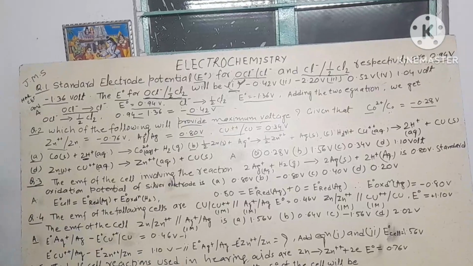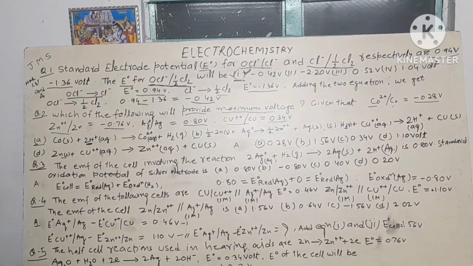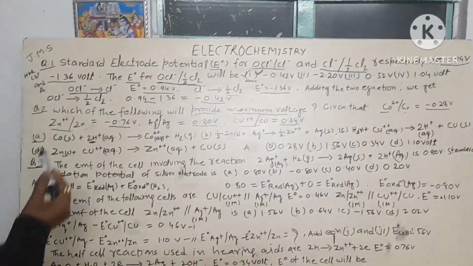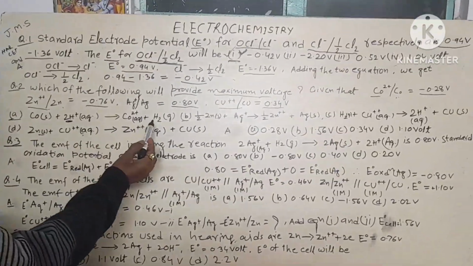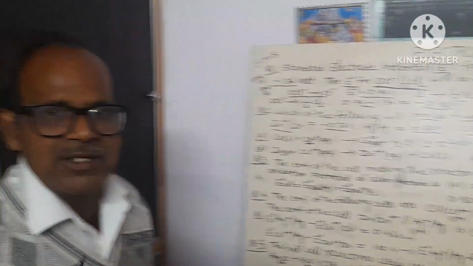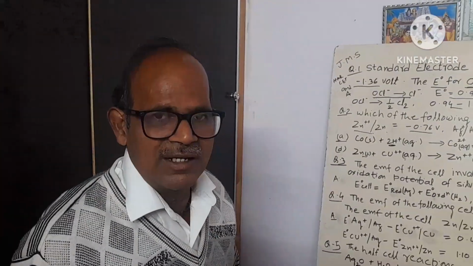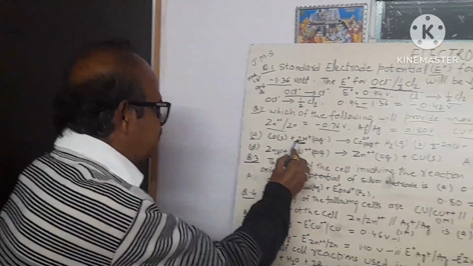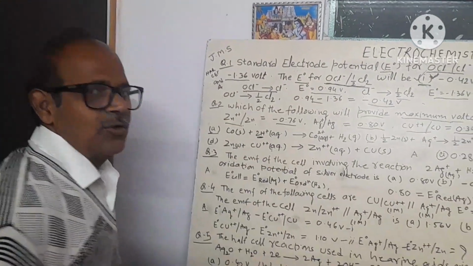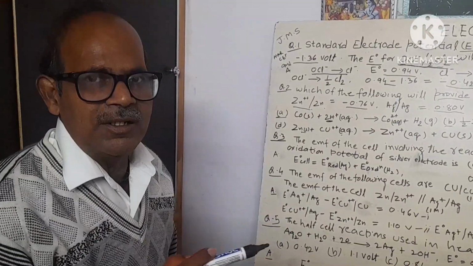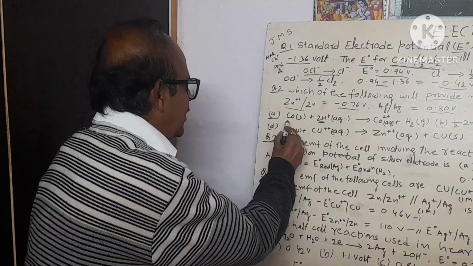Find the reduction process first; automatically the left one will be the anode. Hydrogen electrode is reduction. Correct? So the hydrogen electrode will be the cathode. Then hydrogen electrode minus cobalt electrode.